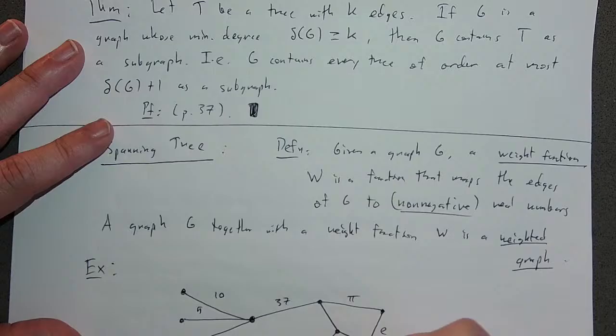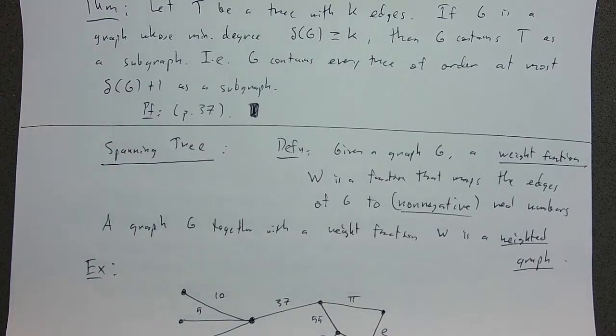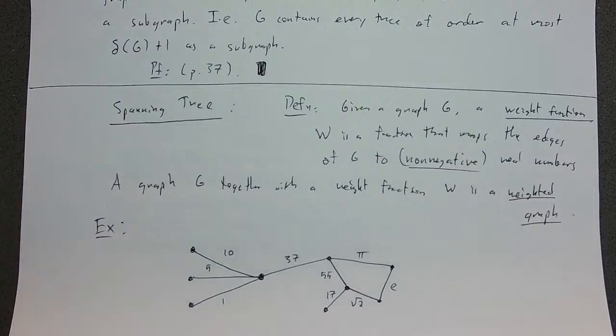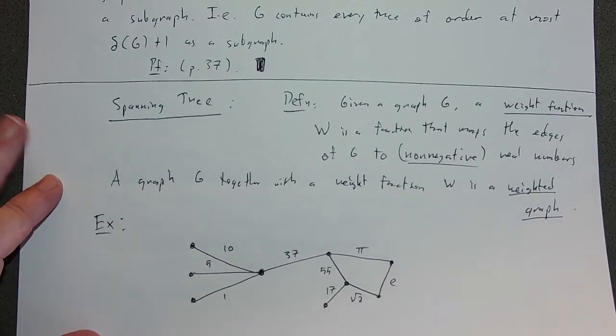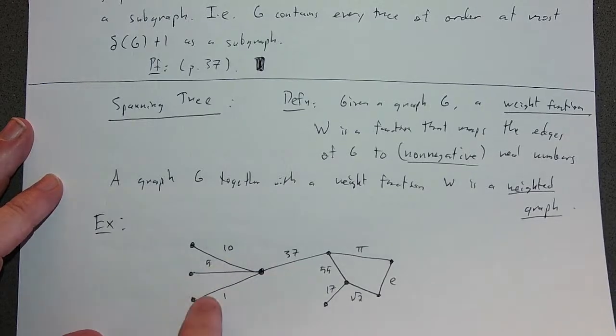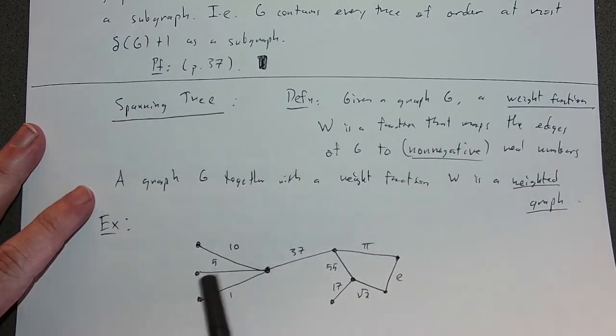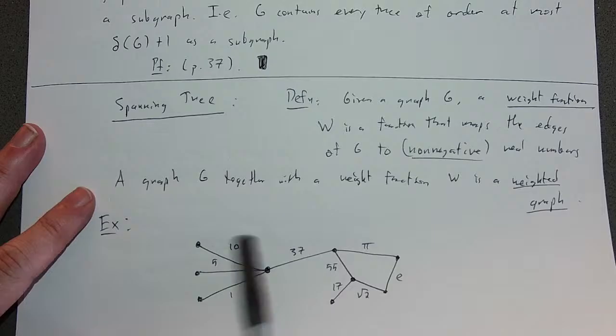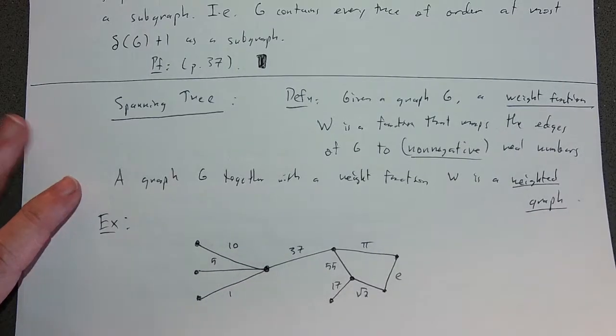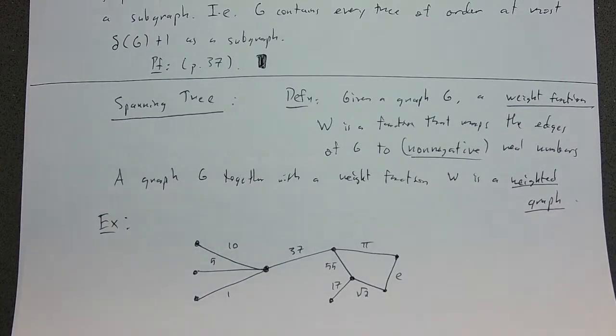Let's put a square root of 2 here. 55, 17. Okay, so here's our weighted graph. The weight function is obvious here. You're almost never going to see W actually written in function notation. The weight function is obvious in the sense that it assigns this edge the value of 10, it assigns this edge the value of 5, and so on. So this is how a weighted graph looks.